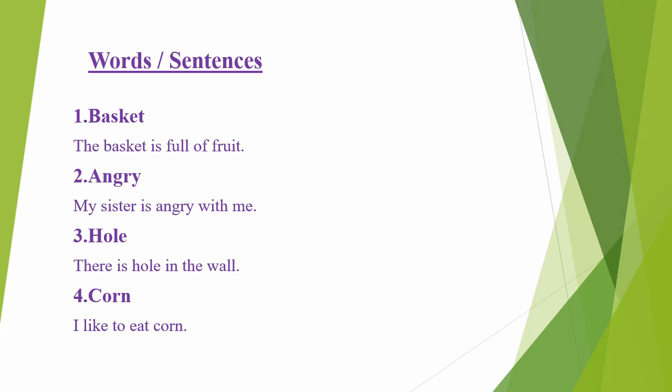Number 2, angry. My sister is angry with me. Number 3, hole. There is a hole in the wall. Number 4, corn. I like to eat corn.